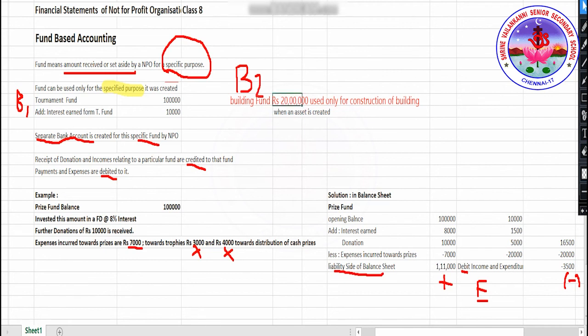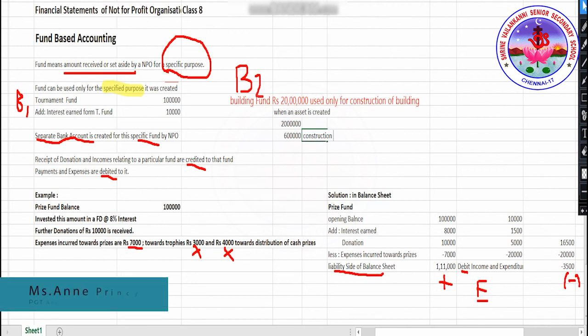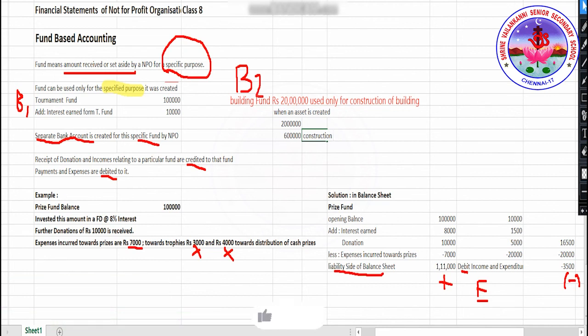For example, from the 20 lakhs, 6 lakhs is used for construction. Then 6 lakhs you will show on the asset side, and the opening balance will be shown less transferred to capital fund. I'll be showing you how, but for now remember this.